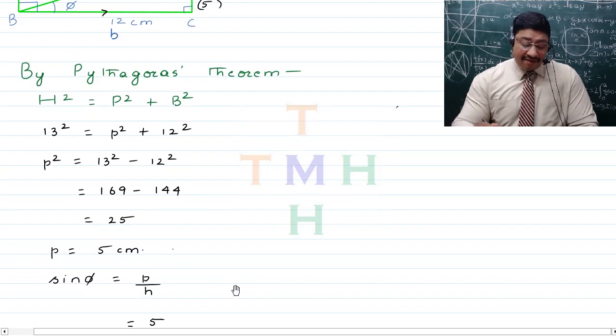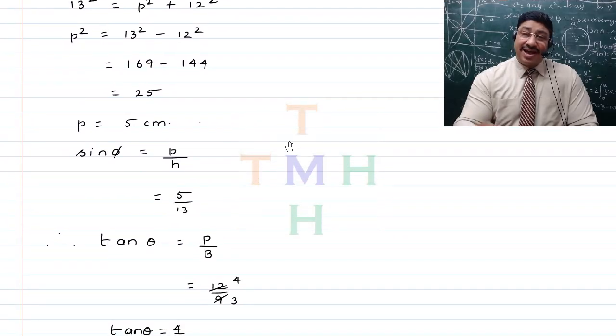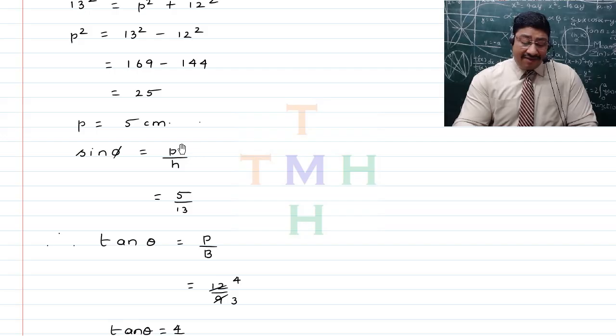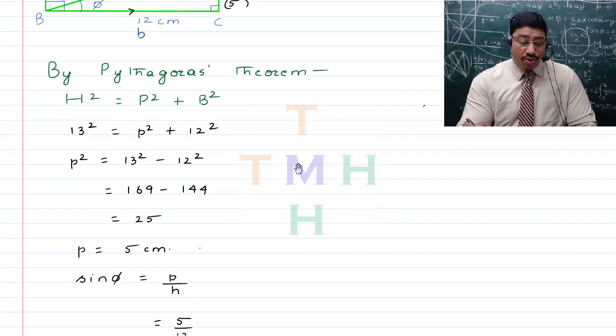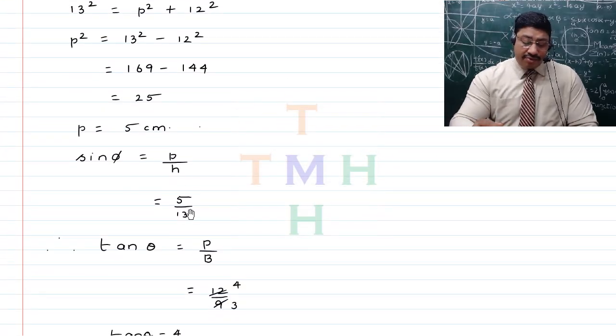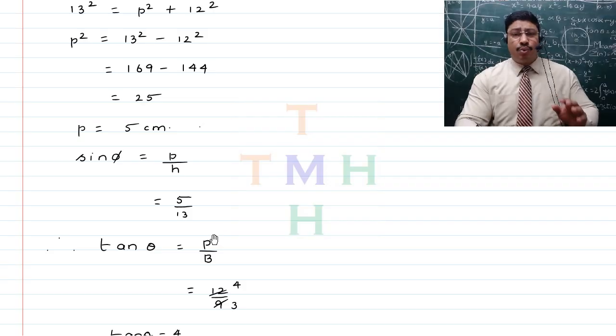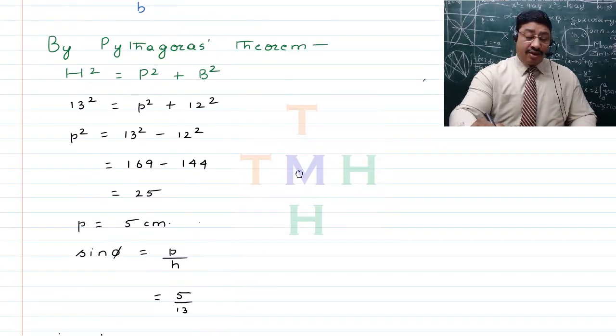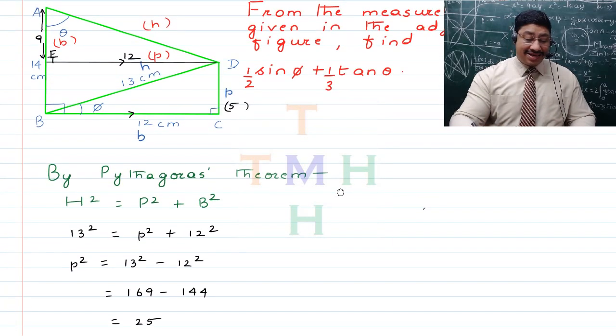Now after we have the perpendicular, then as you know that sine phi is equal to perpendicular upon hypotenuse, so we divide the value of perpendicular, that is 5 centimeter just found out, by the hypotenuse, which we already knew to be 13, right? So 5 upon 13 becomes its value, and for the time being we leave it as it is, and then we proceed towards finding out what tan theta is going to be.